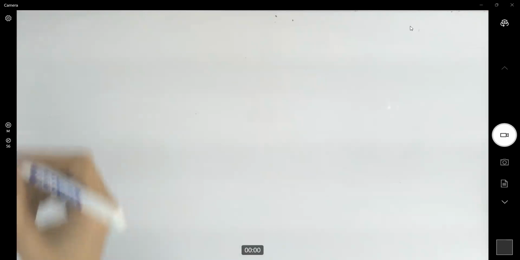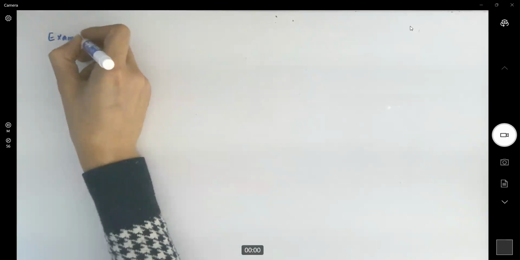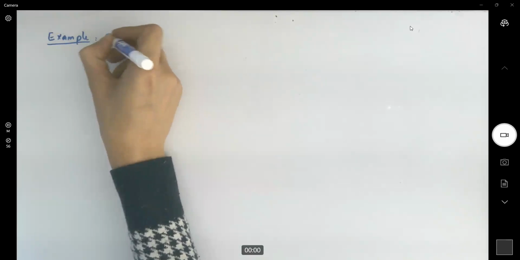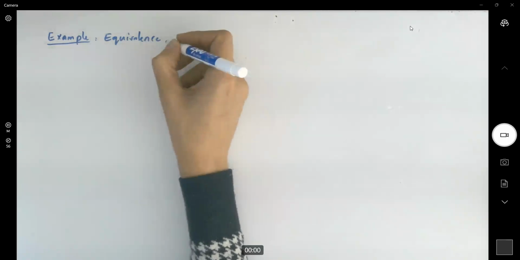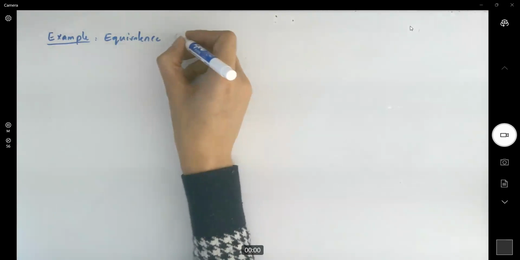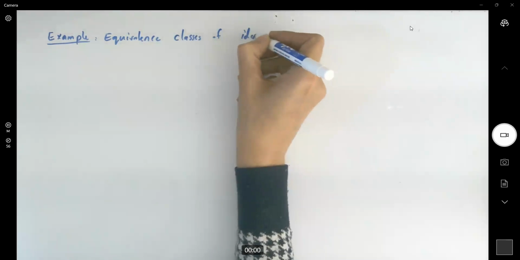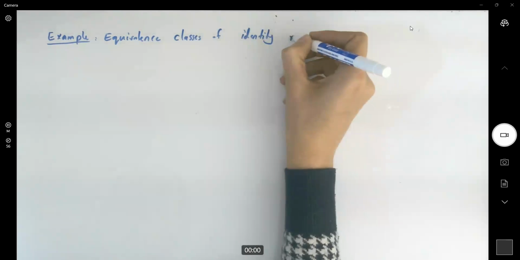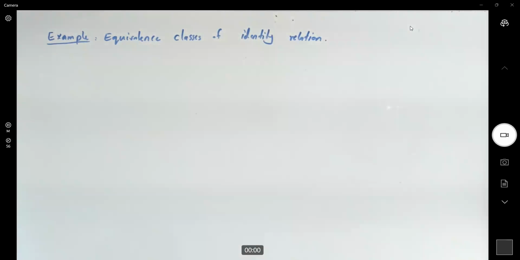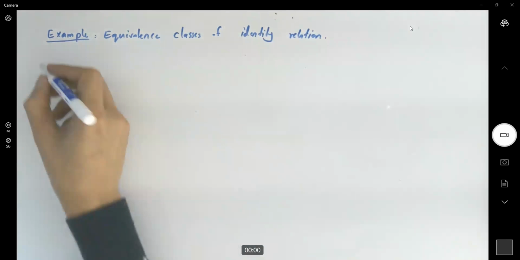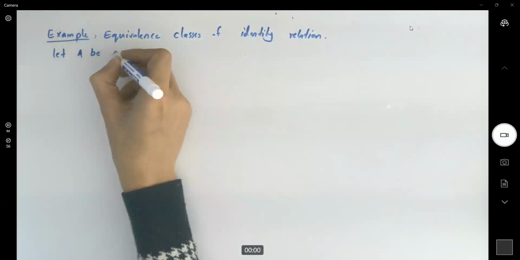Very good. Example. Let us talk about the equivalence classes of the identity relation. Suppose you have a set, let A be any set.